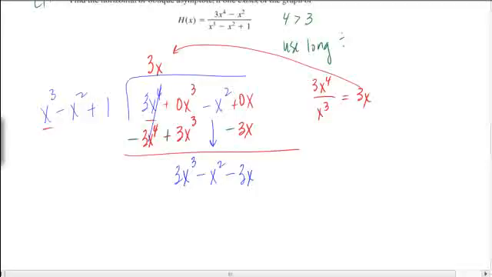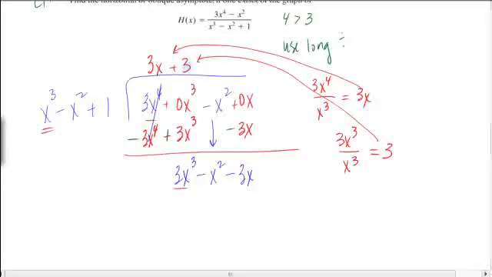Okay, so I start the process all over again. I look at this first term, 3x cubed, and the first term on the outside, and I say, what's 3x cubed divided by x cubed? That would be 3. So I put that plus 3 up here.